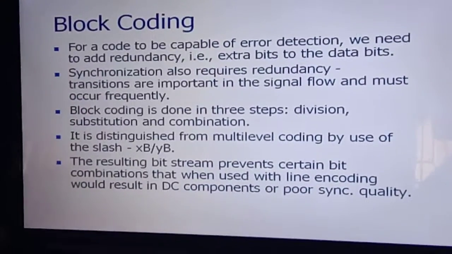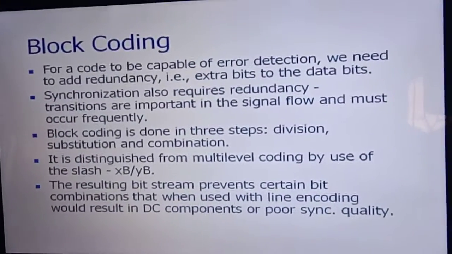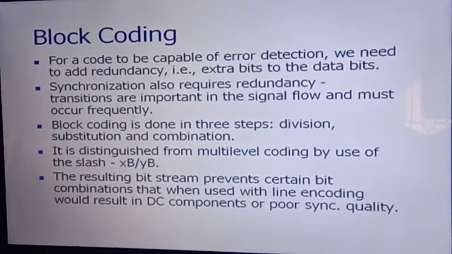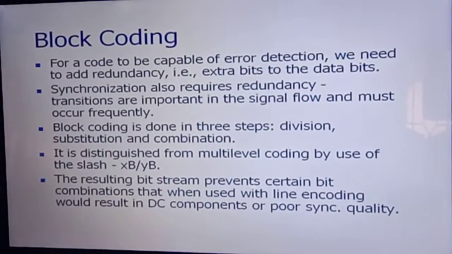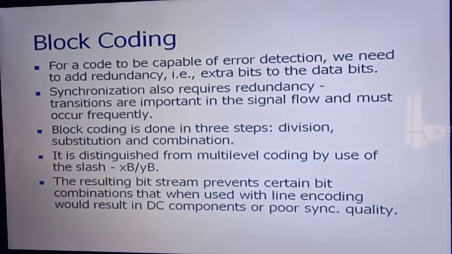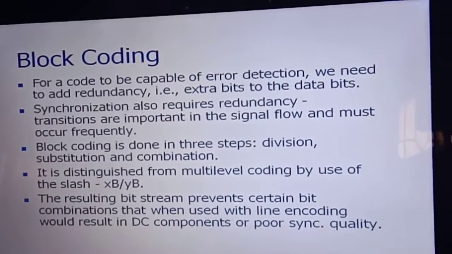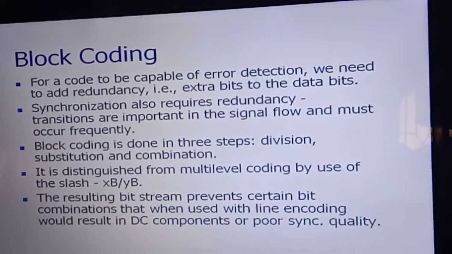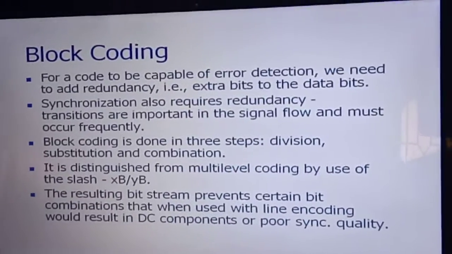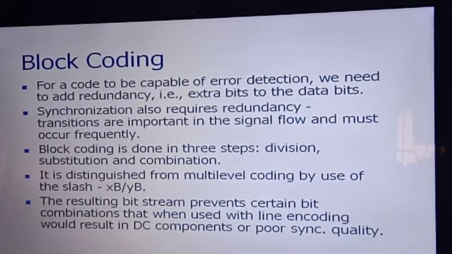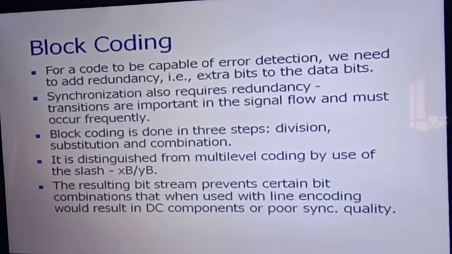Commonly, among the previous line coding methods, polar and bipolar, we are not using bipolar methods. Always we are using polar, differential, or Manchester encoding methods for digital signal representation.